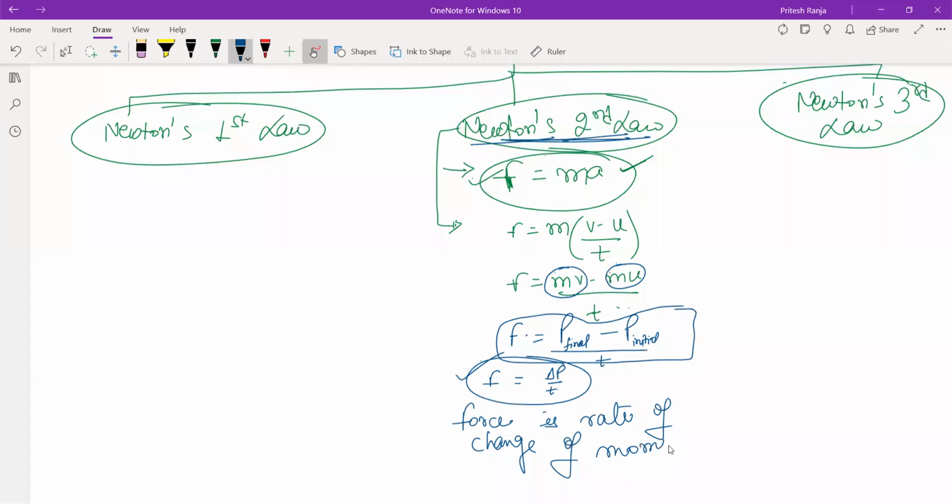Right? Either you can say rate of change of momentum, or you can say force is defined as the change in momentum with respect to time. दोनों बात बराबर है. Either you call rate of change of momentum or the change in momentum with respect to time.